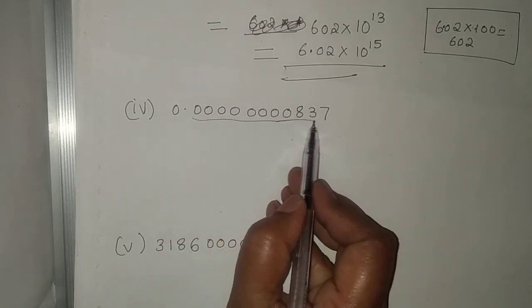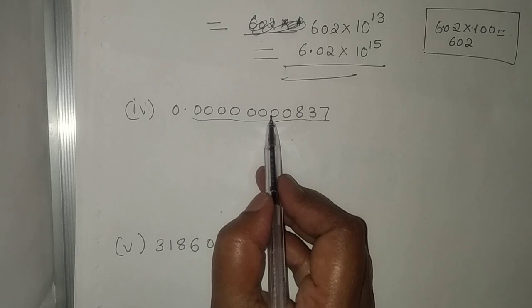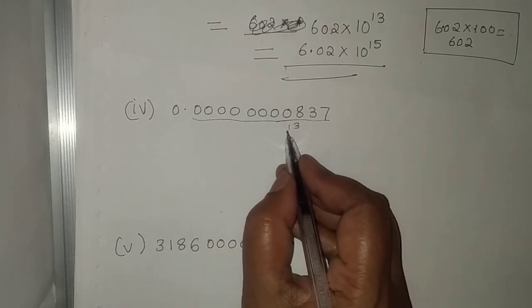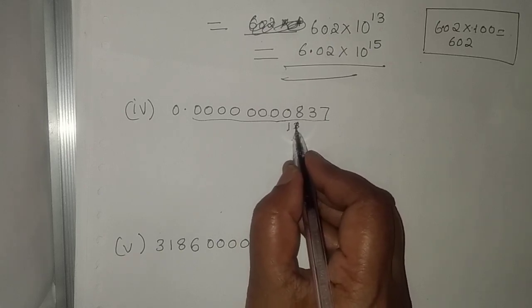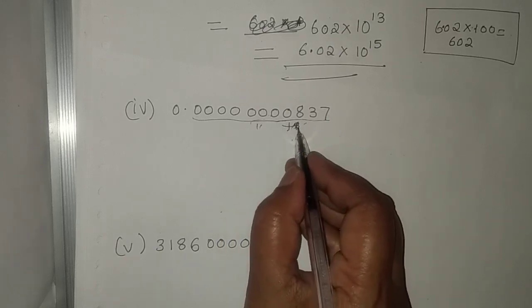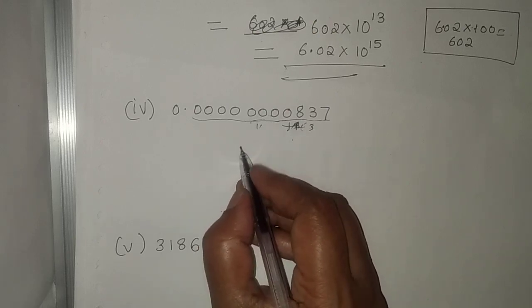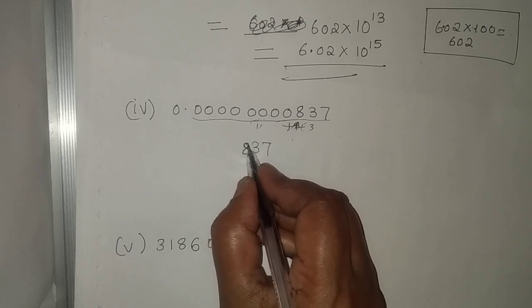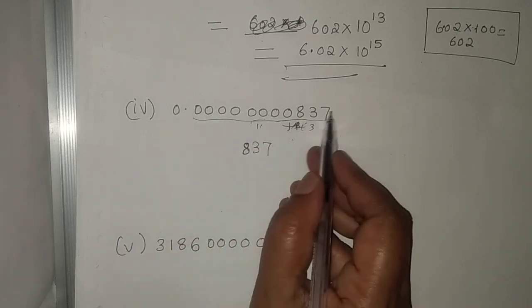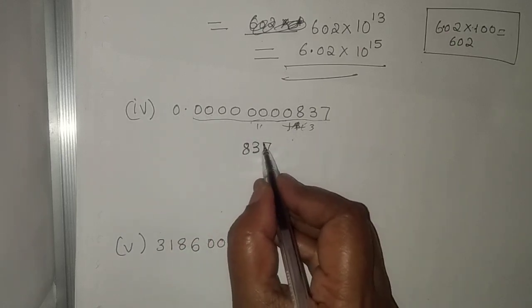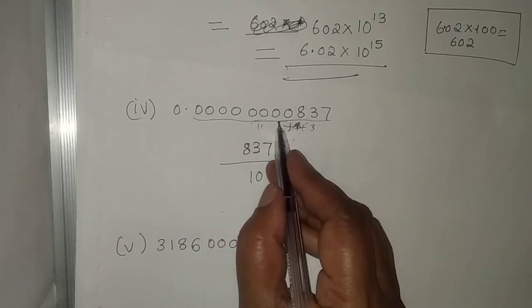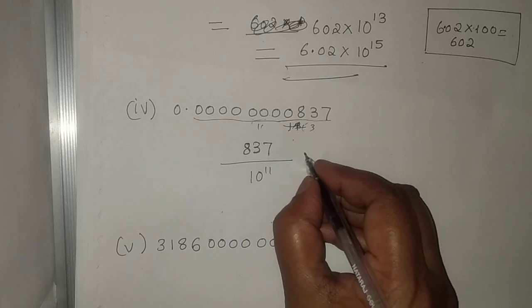This is followed by how much? There are 8 zeros plus 13. So we are taking only 11 zeros. I'll just write 11 zeros plus 3 numbers. For this we'll take 8, since the decimal point is here and the numbers are here. 837 divided by 10 to the power of how many zeros? 11 is there.